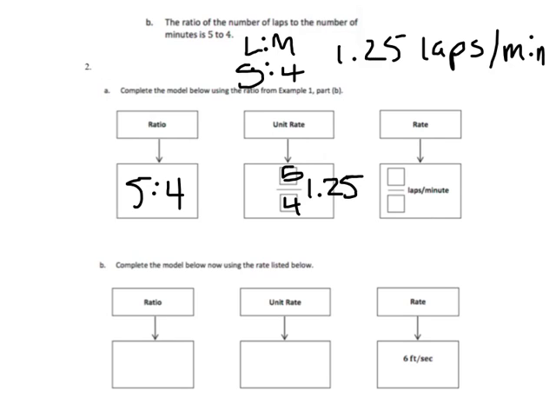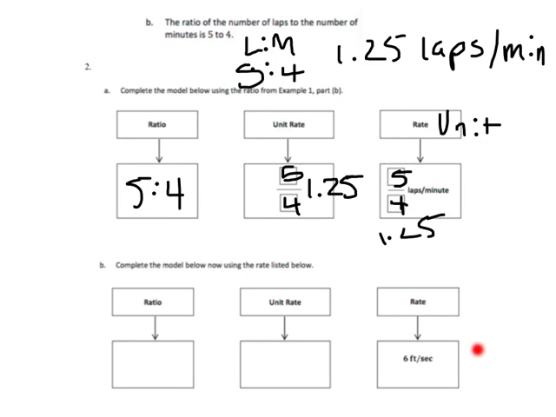Then rate, this rate or rate unit includes our labels. So it includes these labels right here, laps per minute. In this case, again, we can write 5 over 4, or we can write 1.25. Both work. Go ahead and fill out the ratio and unit rate if you had a rate of 6 feet per second.